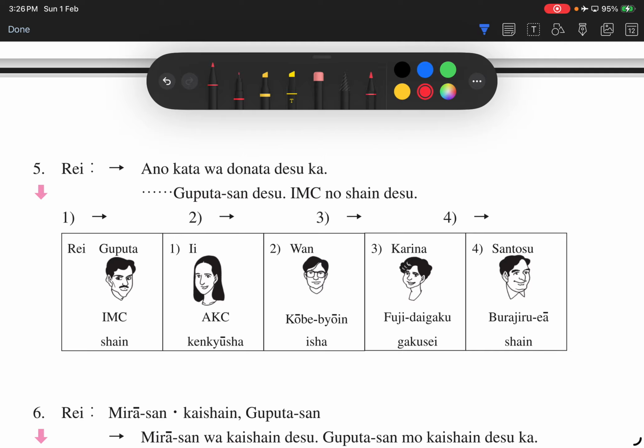Karina. あの方はどなたですか? カリナさんです。富士大学の学生です。You need to give the affiliation. Okay. 大学の学生です. So 学生 related to 富士大学. So student of 富士大学.